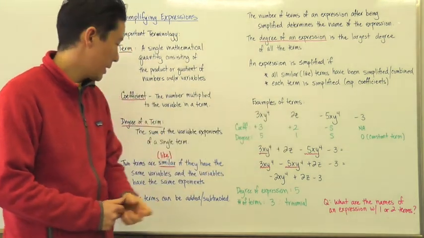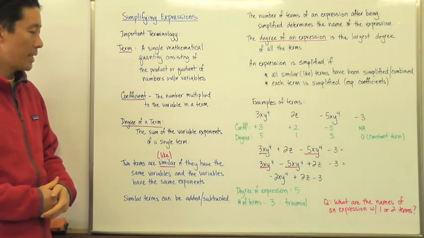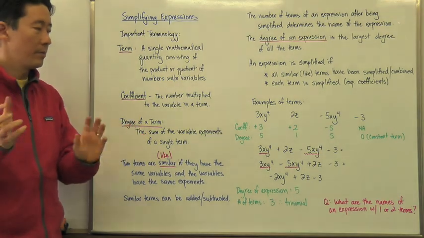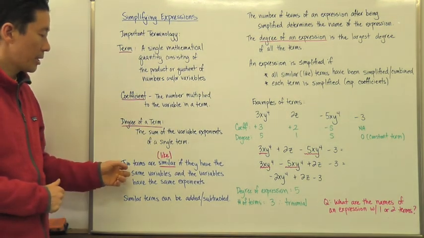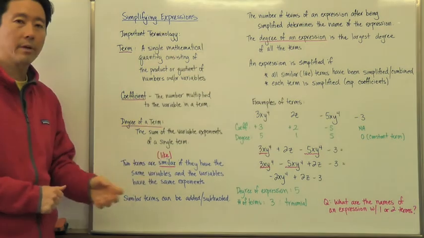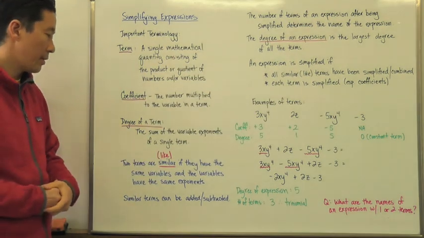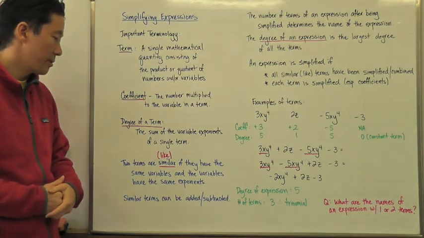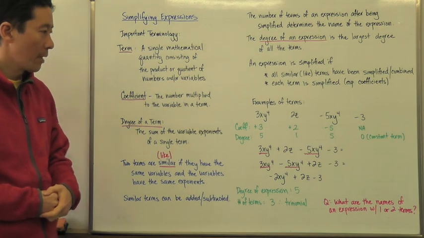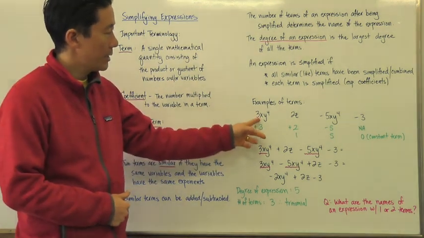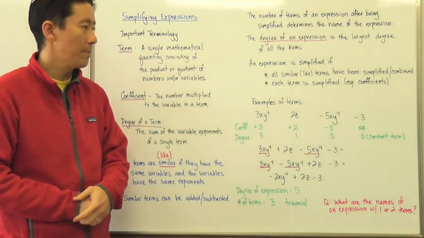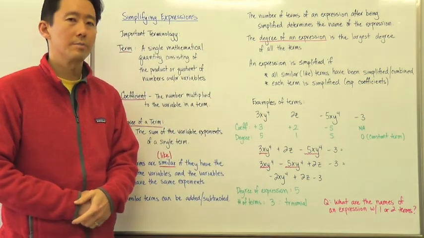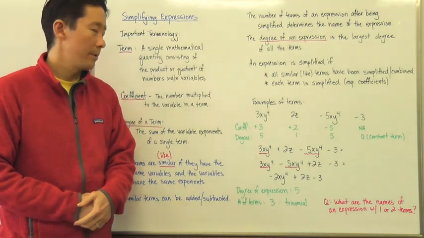Now, once we take a look at terms in relationship to each other, we can start talking about two terms being similar, or like, if they have the same variables and the variables have the same exponents. If we take a look at these four terms up there as examples, there are two terms that are similar.